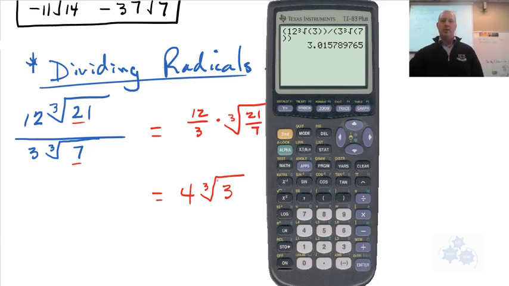And let's test out the simplified version then. So 4 times the cube root of 3. That didn't work, did it? Did I do something wrong here? Oh yeah, sorry. This other one. Oh, there we go.